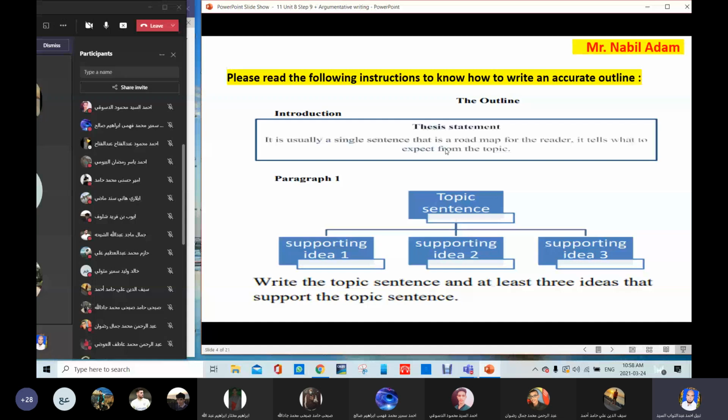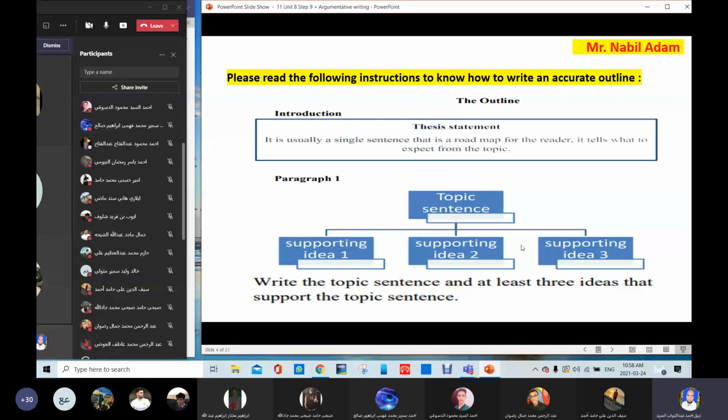It tells what to expect from the topic. So you are going to mention the main idea in one sentence. Paragraph 1 should have one topic sentence and then supporting ideas or supporting details. The topic sentence and at least 3 supporting ideas that support the topic sentence.